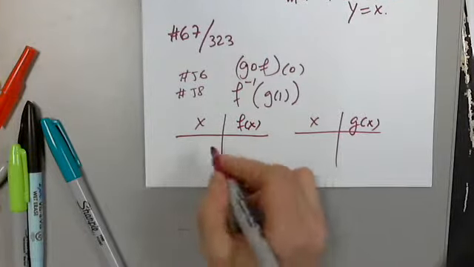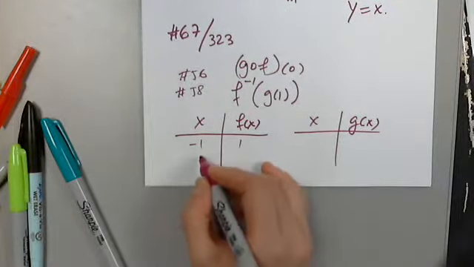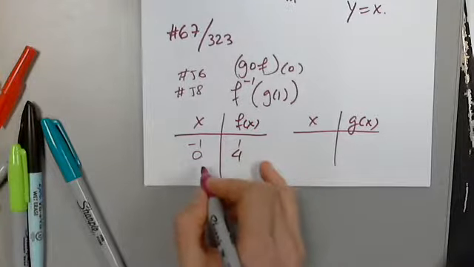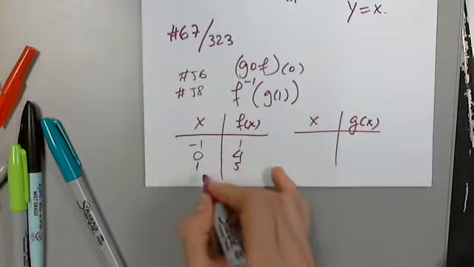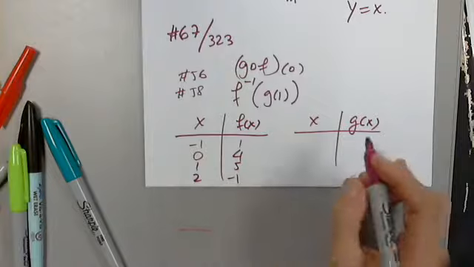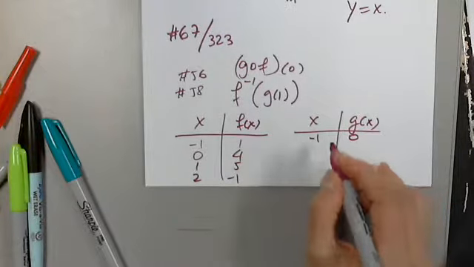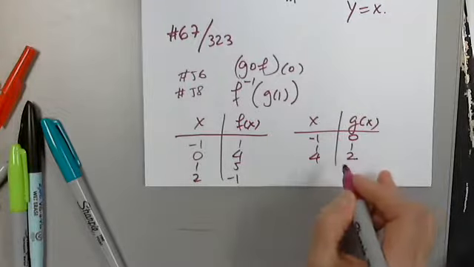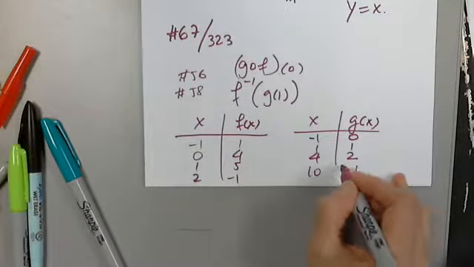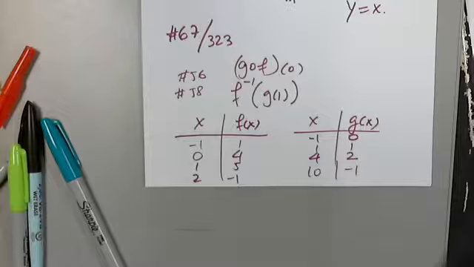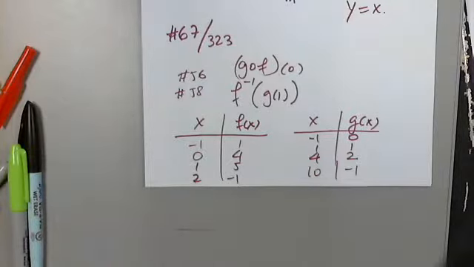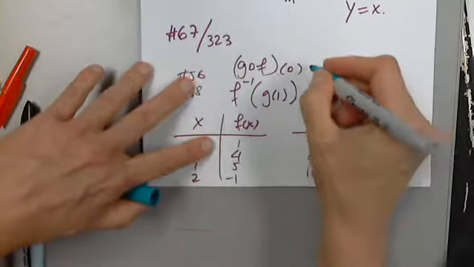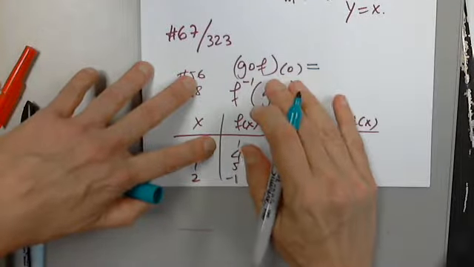So they say negative 1, 1; 0, 4; 1, 5; 2, negative 1; negative 1, 0; 1, 1; 4, 2; 10, negative 1. That's all the information we have. And we're asked to find g comp f of 0. What is the first thing I have to write here?